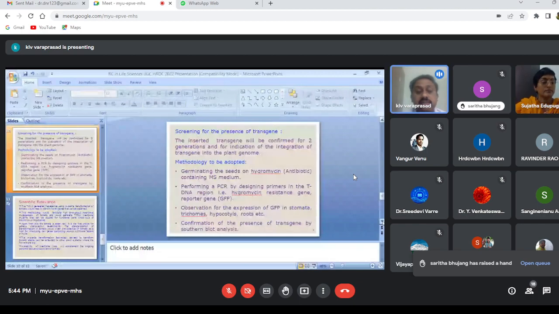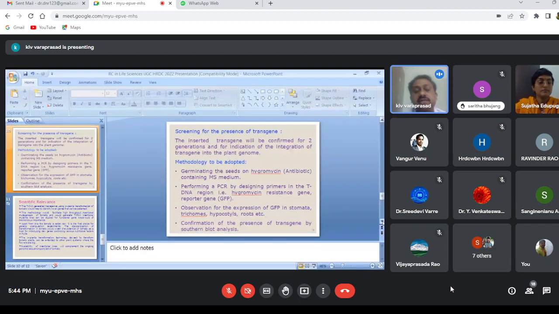So the methodology is germinating the seeds on hygromycin-resistant antibiotic-containing MS medium, and performing PCR by designing primers for the tDNA region, that is, the hygromycin-resistant gene region, and also for the reporter gene. The presence of the reporter gene is also an indication that the transformation process is successful.